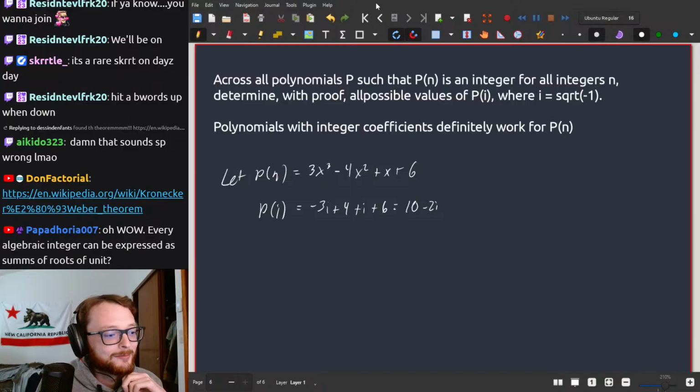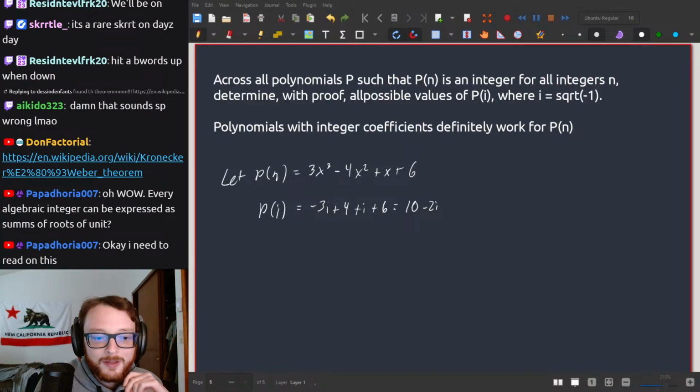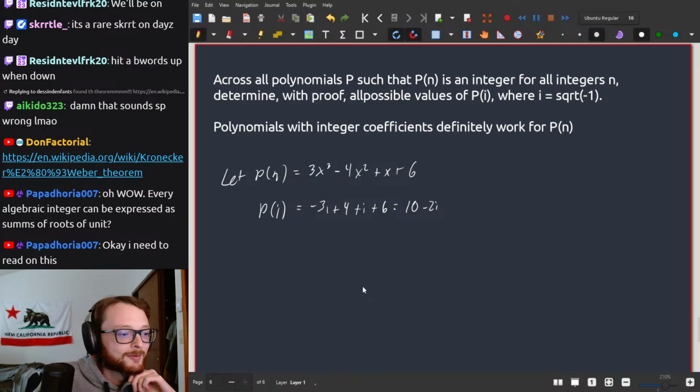Every algebraic integer can be expressed as the sum of roots of unity. Oh, I guess so. That is kind of crazy.